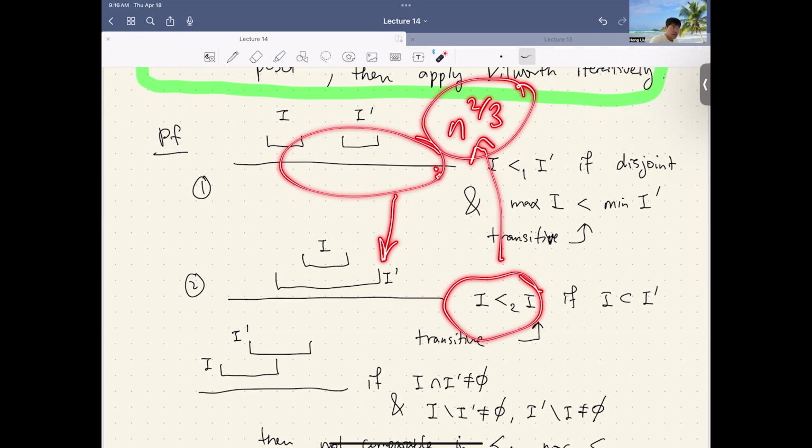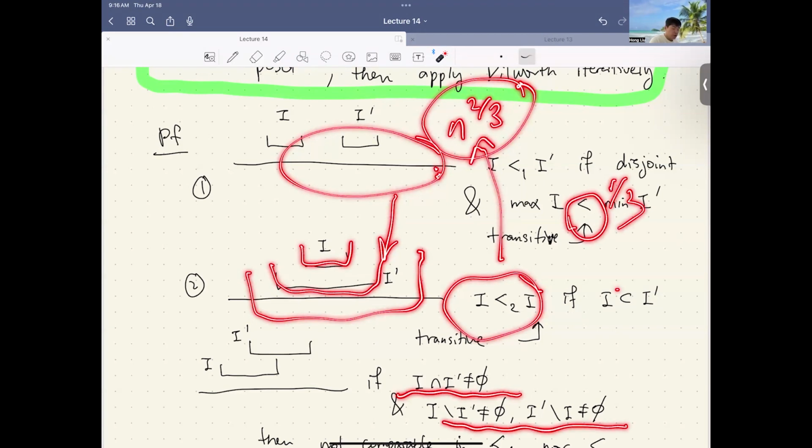Apply Dilworth again. You know that either there's a chain, which means they are commonly intersecting, of size n to the 1/3, which we have done, or there's an anti-chain of size n to the 1/3. Now this anti-chain of size n to the 1/3 is an anti-chain in both orders, meaning that they must look like this, right?